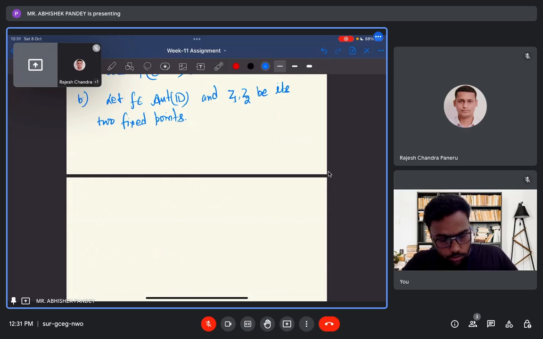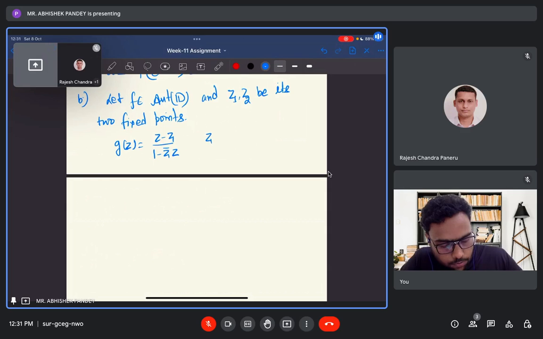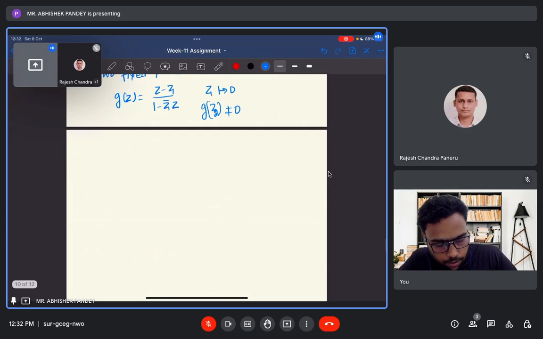Now you define g(z) equals (z minus z1) over (1 minus z1 bar z). Basically this sends z1 to 0, and g of z2 will obviously be non-zero. Now you define h(z) equals g composed with f composed with g inverse of z.